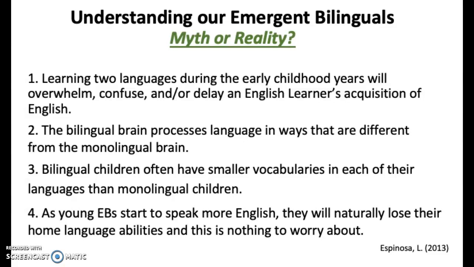So by working on their skills in both languages, they're able to have higher academic achievement in English in their future. So these opportunities must be provided by the family members and the teacher to encourage the emergent bilingual student to build both languages simultaneously.